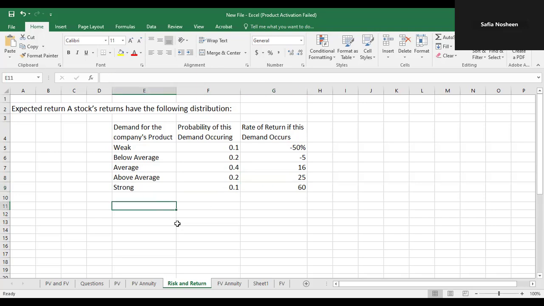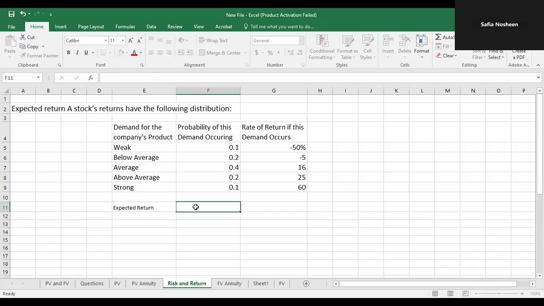So what is our expected return? The expected return for the rate of returns is based on the demand for the project. So the expected return can be found by multiplying a probability with the returns.